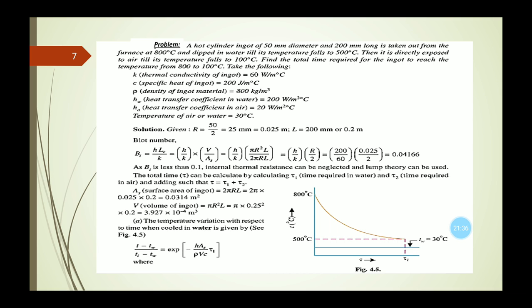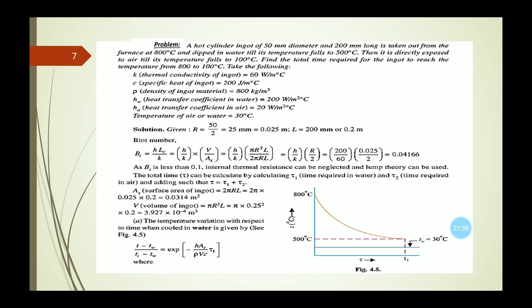For the cylindrical ingot, the volume and area are pi r square L and 2 pi R L respectively. That means we are getting h by k multiplied by R by 2. So the value of the Biot number we are getting is 0.04166.